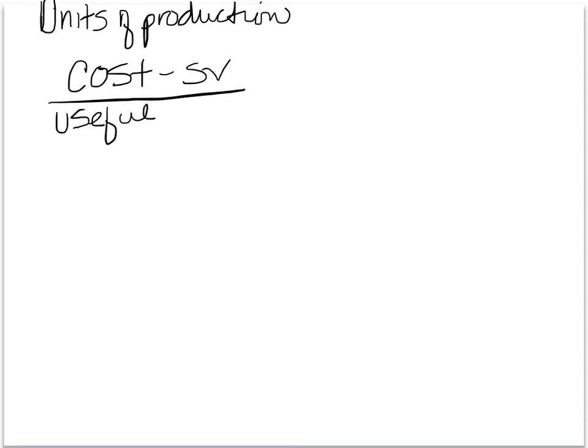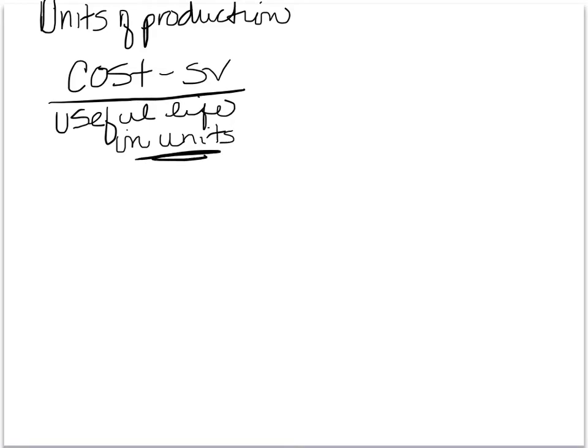The formula for that, very similar to the straight line formula, is cost minus salvage value or residual divided by the useful life of the asset, and instead of in years, it's in units.